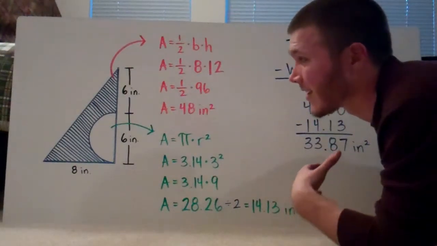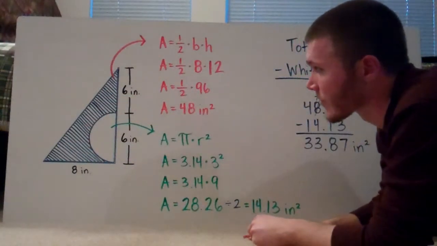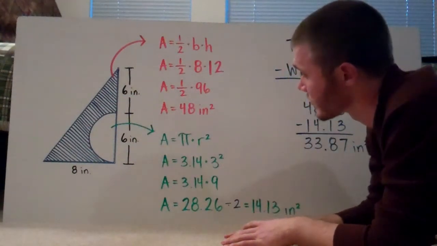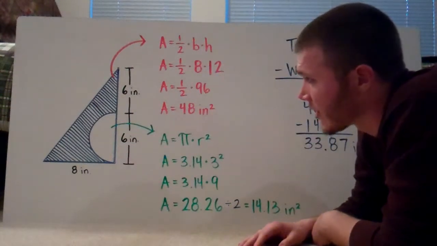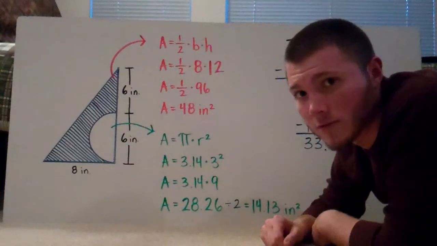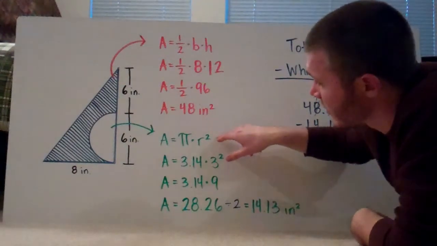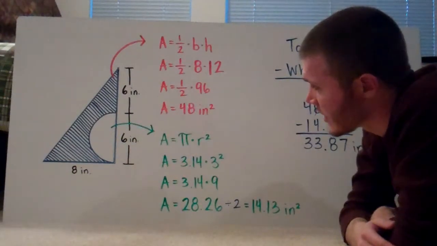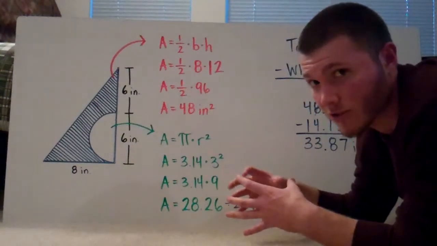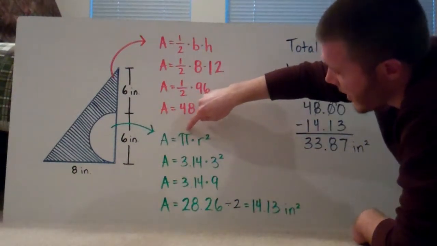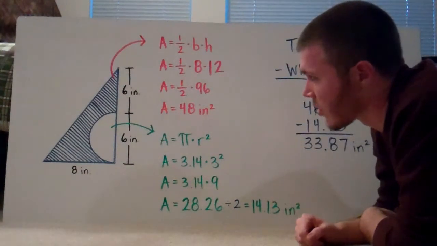But I'm trying to find the area of just the shaded region. So now I'm going to find the area of that semicircle. We know the area of an entire circle is found by multiplying pi times the radius squared.